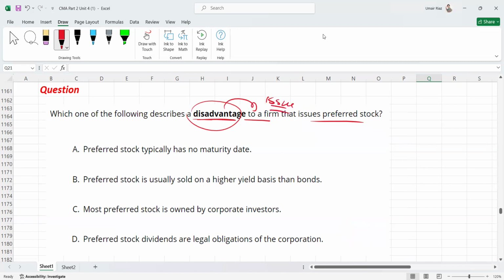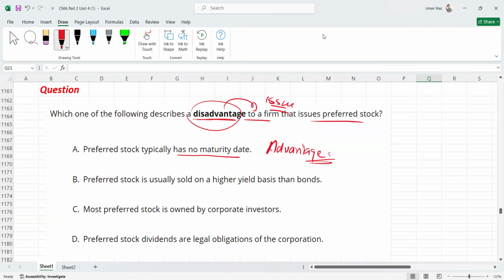The company who is issuing the preferred stock, what is the disadvantage to that? Number one, preferred stocks typically have no maturity date. Is it advantage or disadvantage? It is the advantage if preferred stocks are irredeemable. It is the advantage to the business because the company does not have to pay any amount of capital back to the shareholders. So this is the advantage. But the question is, what is the disadvantage?